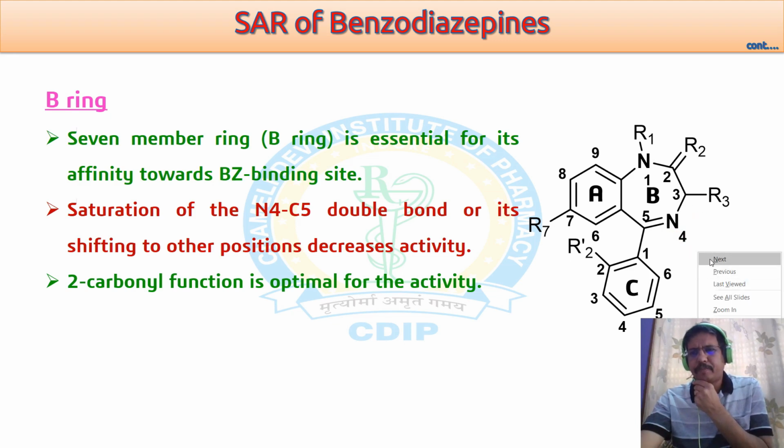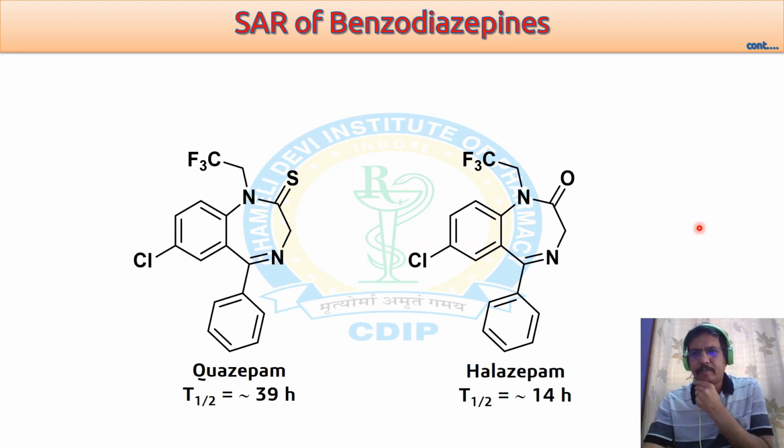See the compounds, that is, having a sulfur on the C2 position and oxygen on the C2 position.